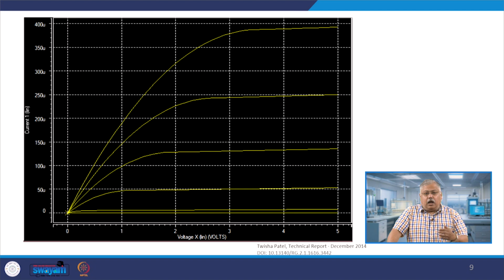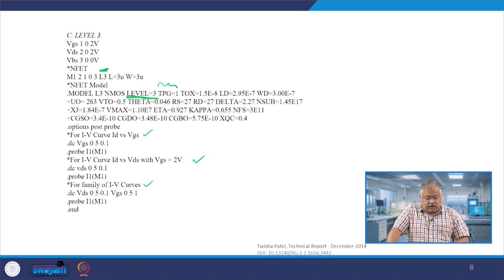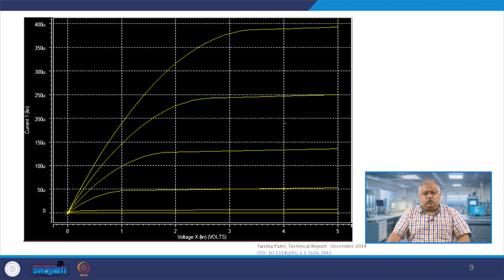You see now, interestingly, the curves have not only become more and more continuous, but even though lambda has not been taken in this expression, lambda is inbuilt. So, when you do not take a lambda, your output characteristics are more flat in the saturation region.